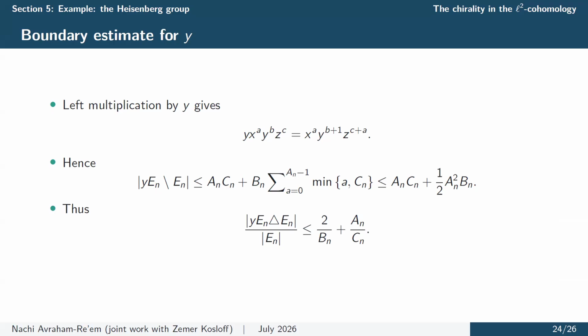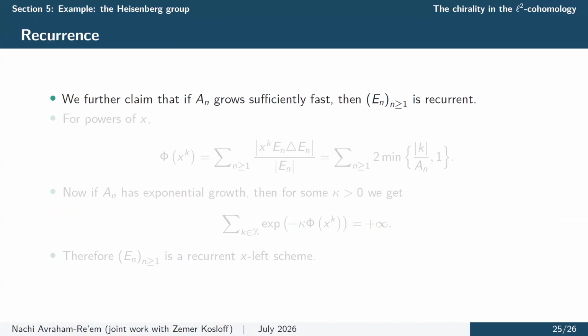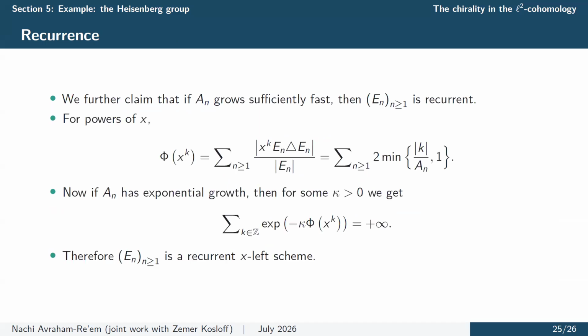So those boxes, because of the nature of multiplication in the Heisenberg group, show that right multiplication behaves differently from left multiplication. Now, I'm not going to say much about it, but you can even make it recurrent with some extra condition. If an grows sufficiently large, you get an approximation that tells us even about a recurrent left scheme, but I won't get into that.